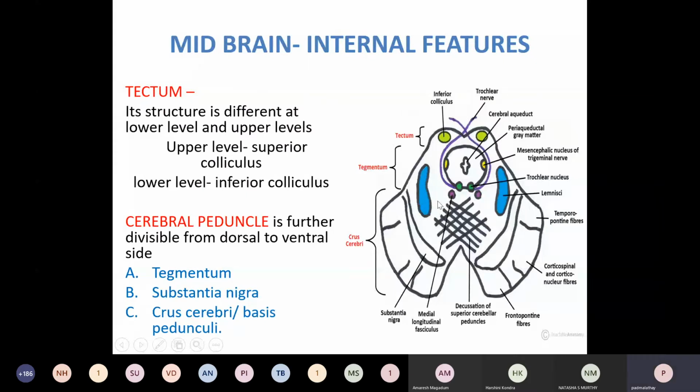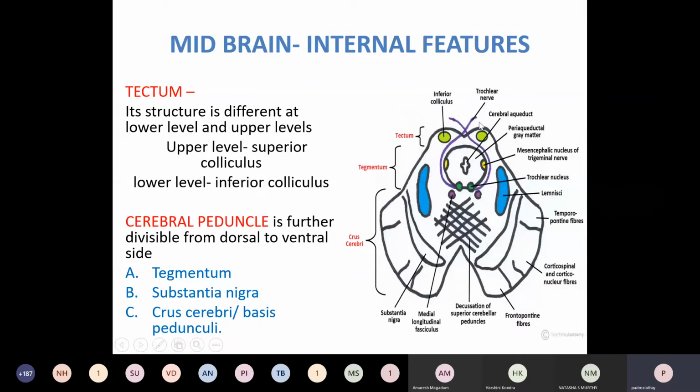Now this is a schematic picture. On cross section, the midbrain shows the tectum and the cerebral peduncle. The cerebral peduncle further consists of 3 parts from dorsal to ventral side: the tegmentum, the substantia nigra and the crus cerebri, which is also called the basis pedunculi. Towards the dorsal side there is the tectum.